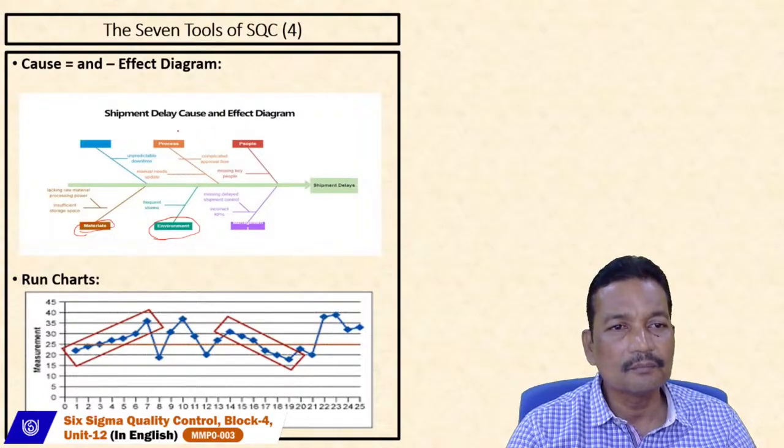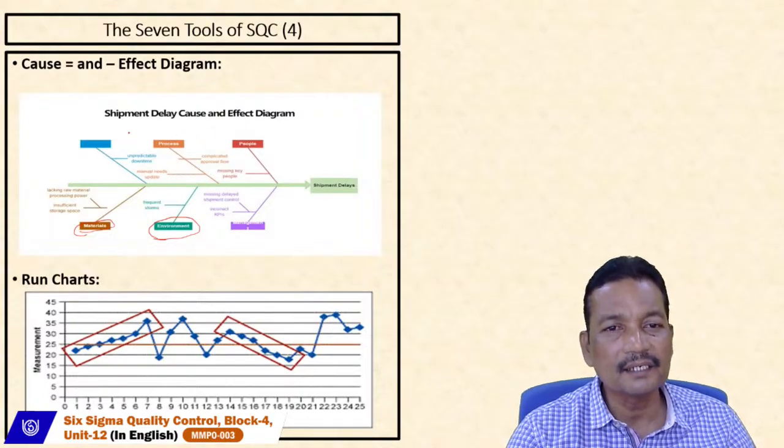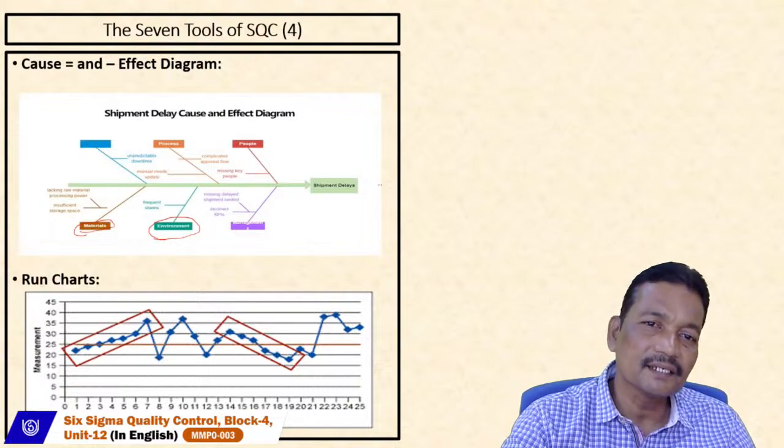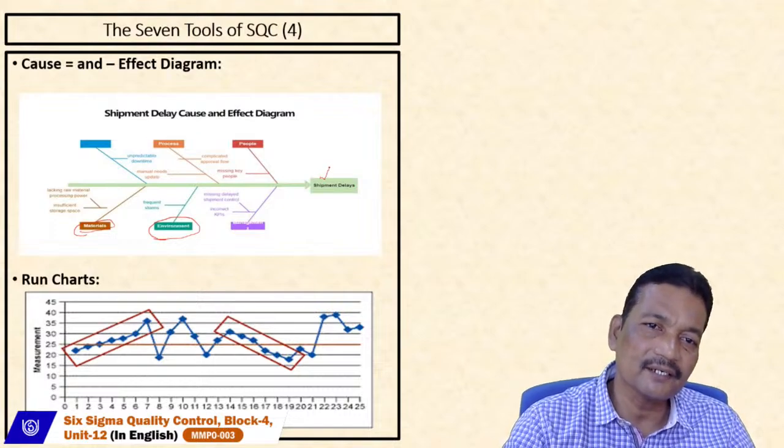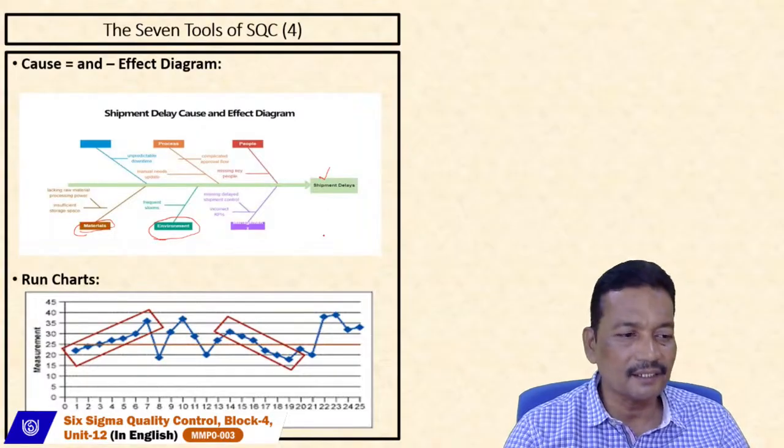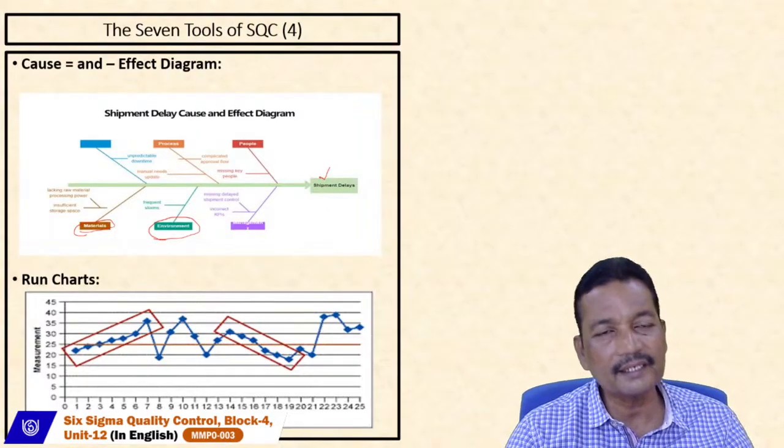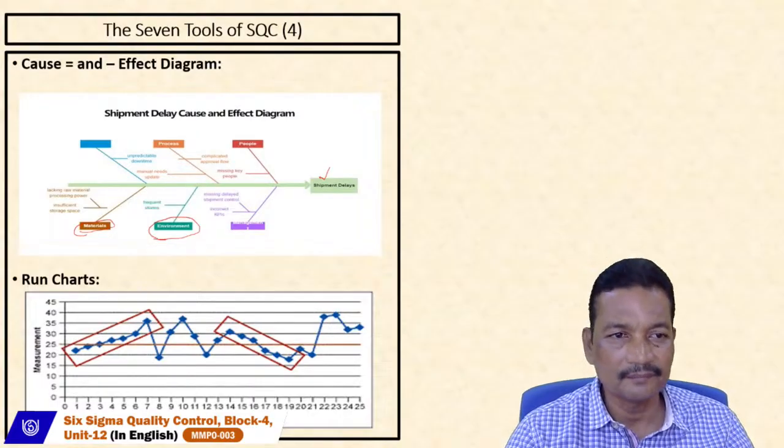We are looking at why shipment is getting delayed. That means the items being sent to the customer are getting delayed to get delivered.